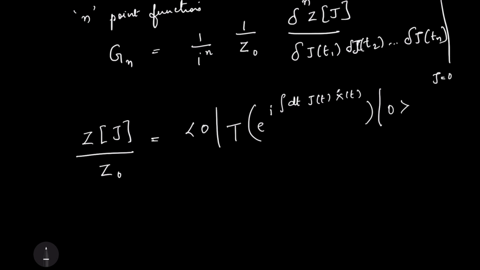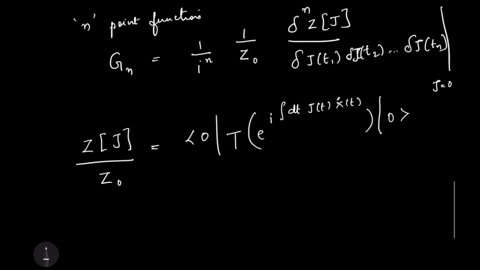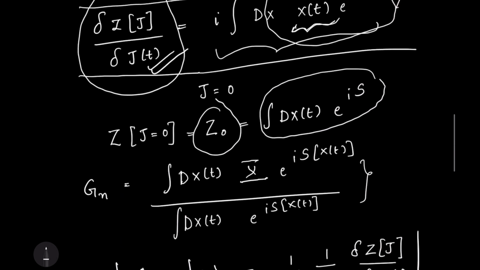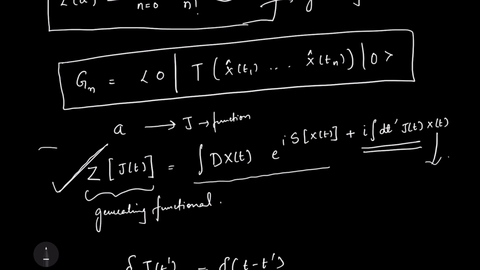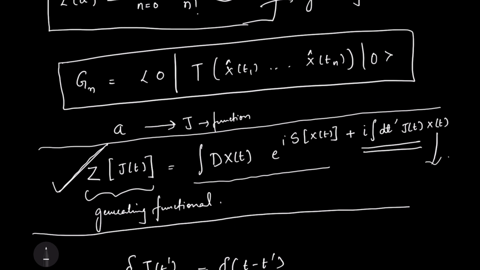This is because z of j of t we have already defined here. This is the generating functional z of j of t. Here, if I remove this plus and put e raised to i integral dt j of t x of t, then this is the path integral.